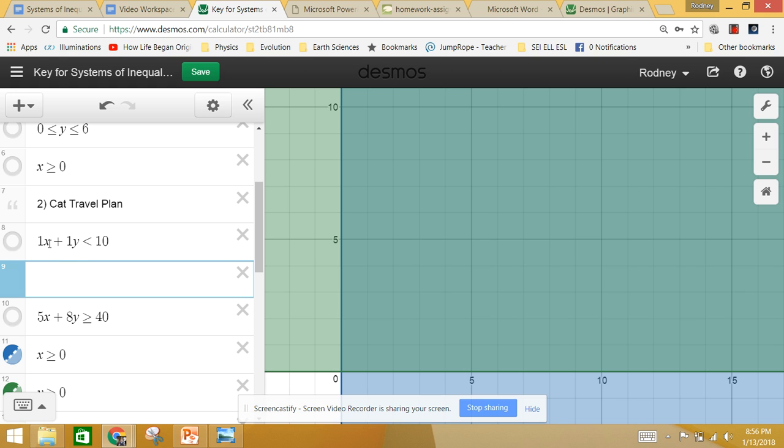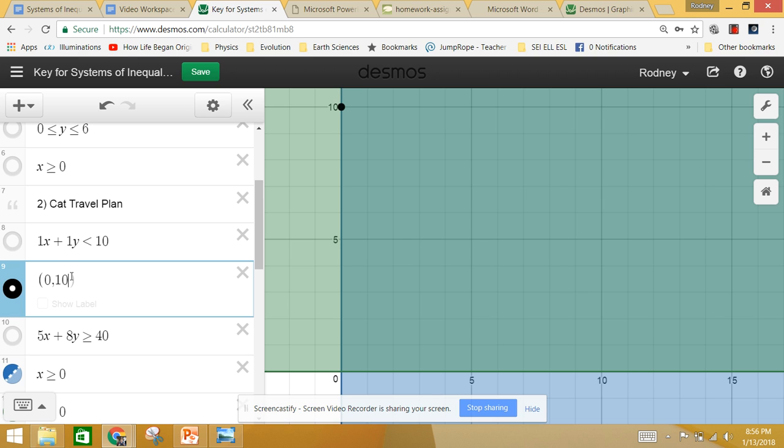So if x is 0, then y would be 10. So I'm going to have a y-intercept at 0, 10. Now, if y is 0, I'm going to have an x value of 10. So I'm going to have another intercept.